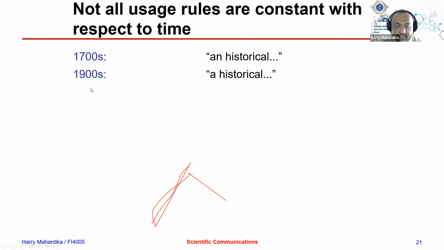But nowadays, in the 1900s, which is close to our timeline in the 2000s, the H in historical is pronounced as H, right? So it is "history," right? The H is not silent anymore. So the article now used is "a" instead of "an" in this case.